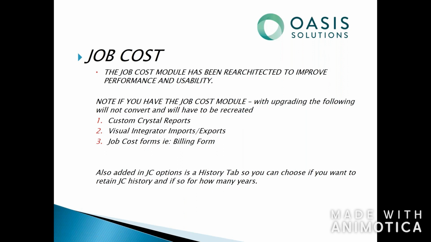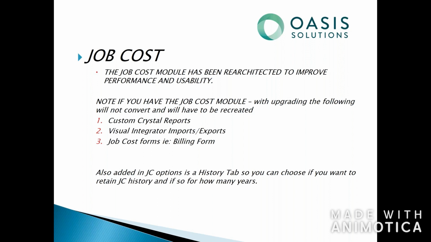The Job Cost module has basically been re-architected, or the back end of the programming has changed. For those of you that have been on Sage for several years, you know that going back with version 4.0, they have started updating the back end of the software for various modules over the past few years.